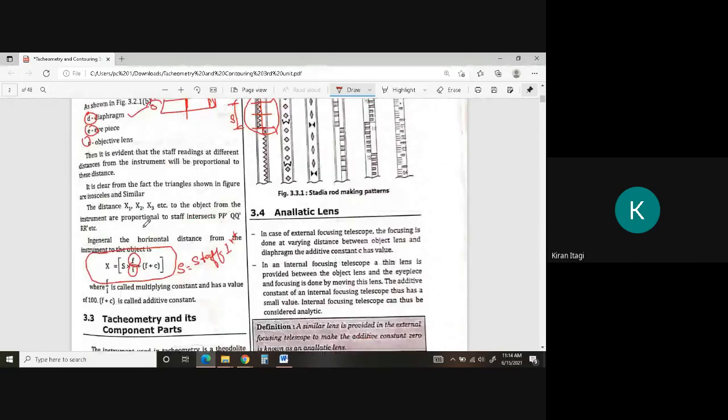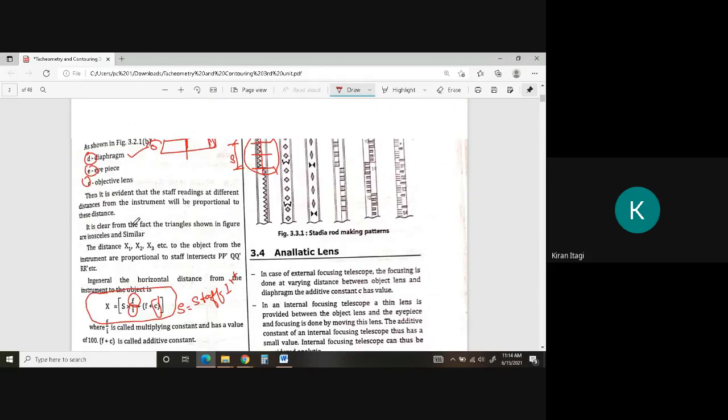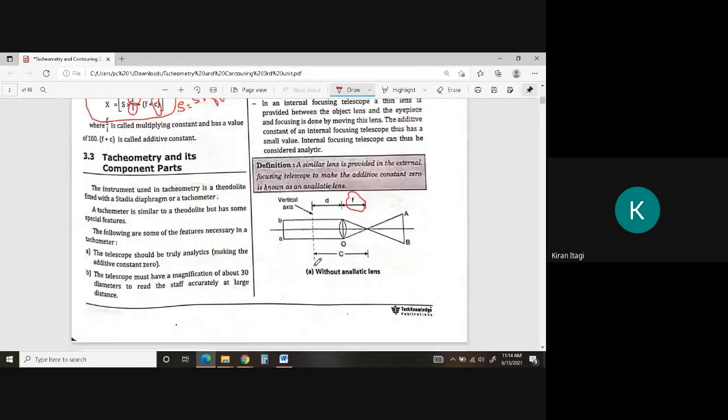And we are left with c. c is the distance between the vertical axis of the instrument and the center of the objective lens. Here you can see it is the distance between the vertical axis of the instrument and the center of the objective lens. This is c.